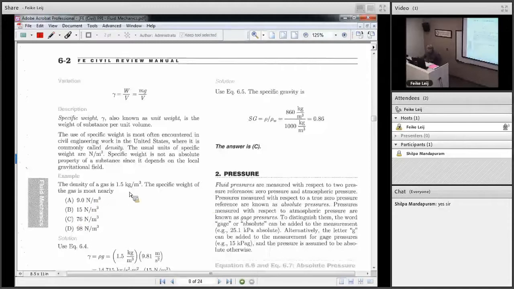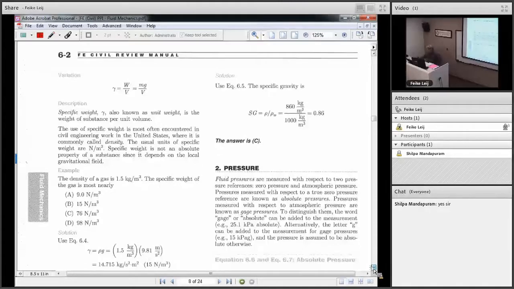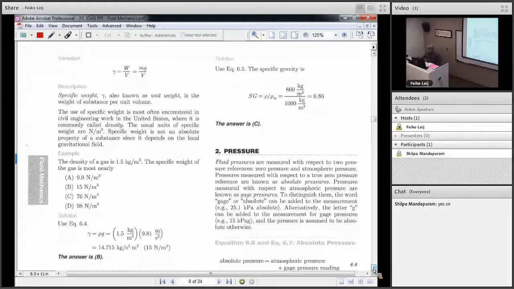So here's the example. As we know the density of the gas, we can get the specific weight by multiplying it by the gravitational acceleration. It's good if you have some idea what the number should be, and I've seen more than one person being tripped up by using the incorrect value for g.